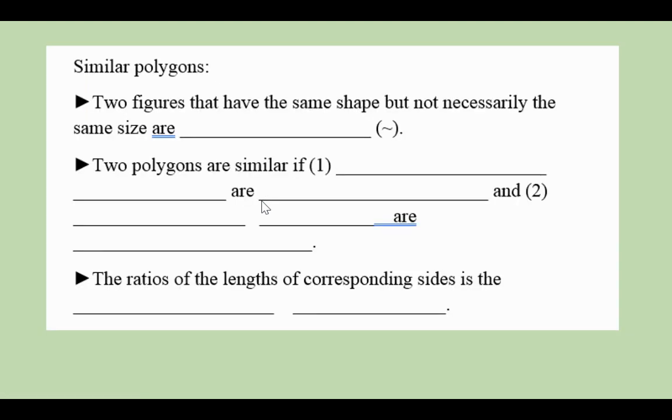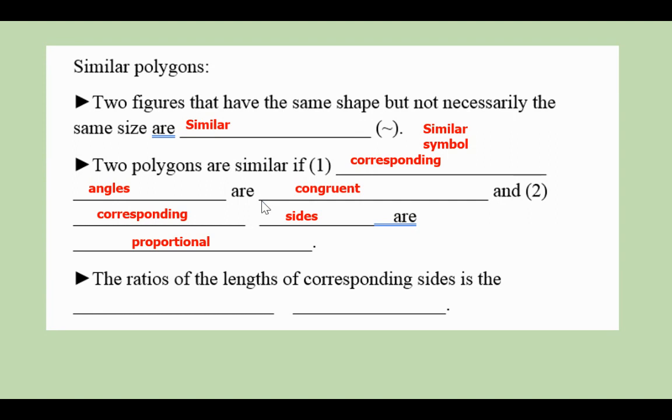Similar polygons are two figures that have the same shape. So if they're both triangles, but not necessarily the same size, they're going to be called similar if they're the same shape but not the same size. The criteria for similar is they must have congruent corresponding angles and corresponding sides that are proportional.